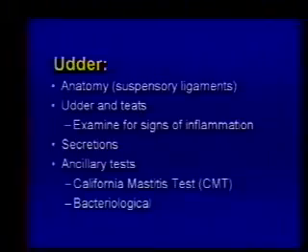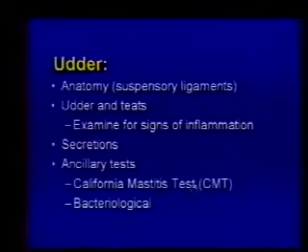Then, of course, we want to perform some ancillary tests, such as the California mastitis test. What this test determines is the amount of somatic cells. Somatic cells include white blood cells and epithelial cells from the mammary, from the lacteal tissue.